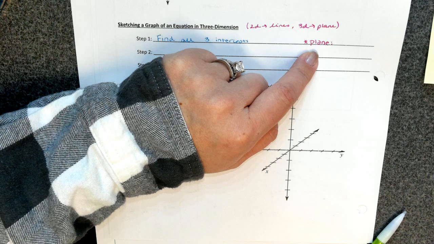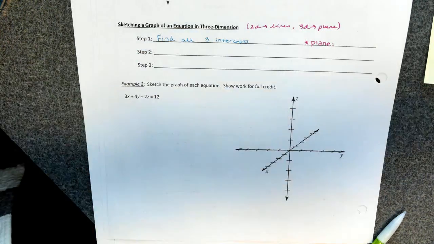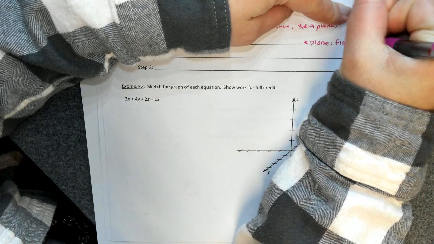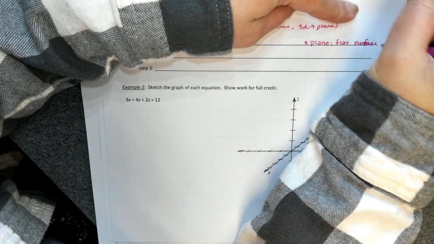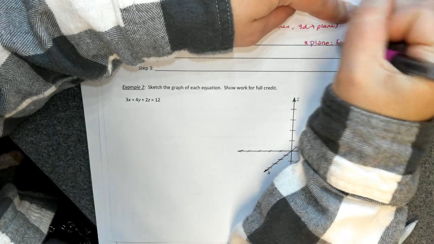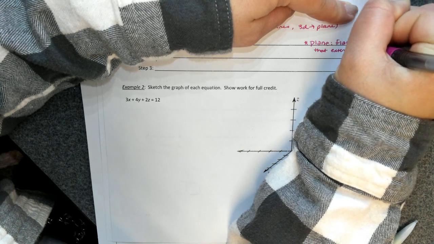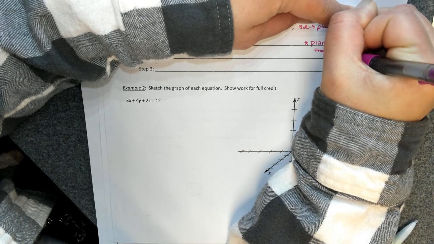Or maybe an example from the room. Yeah, the desk surface is a plane. Right? The floor would be an example of a plane. A piece of paper would be an example of a plane. Okay? It's a flat surface that extends in all directions.